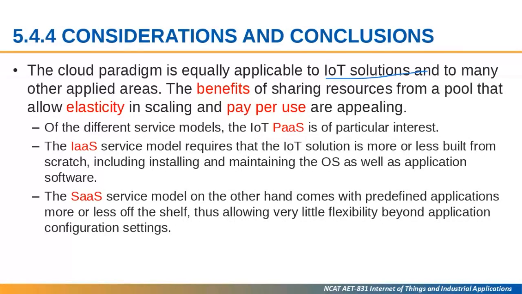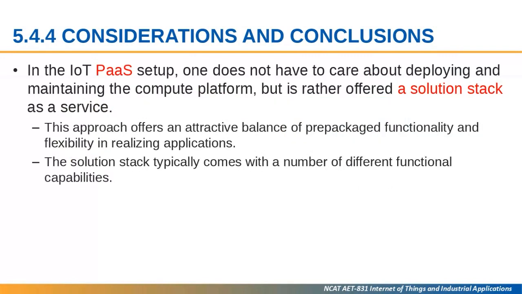The benefits of sharing resources from a pool allow elasticity in scale and make pay per use appealing. So platform as a service is of particular interest, and infrastructure as a service and software as a service also have their attractiveness. In the IoT platform as a service setup, it will also provide a solution stack as a service.